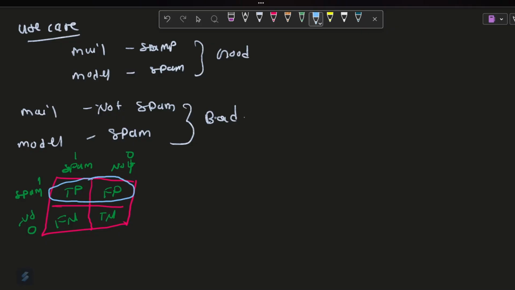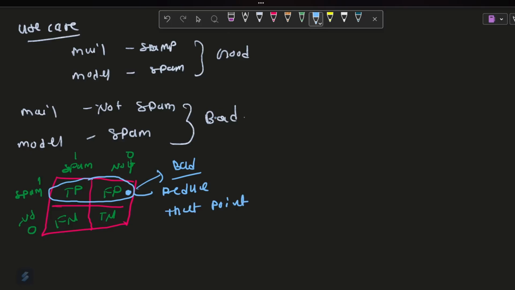If the mail is not spam, but the model predicts that it is spam, this is bad accuracy. It means the error comes here, so we want to reduce that point.